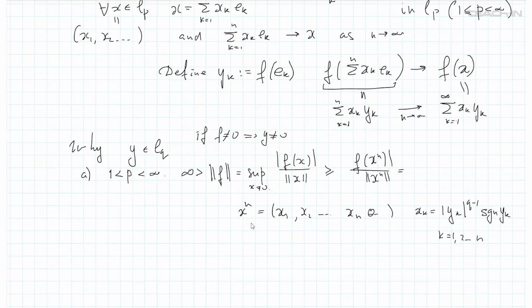Recalculated, it is the sum of yk to the q, divided by the sum of yk to the q to the power 1 over p, up to n.